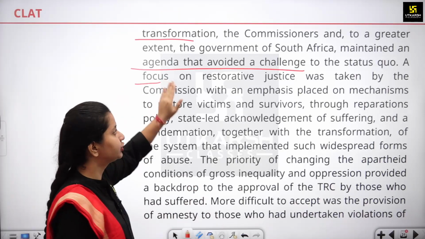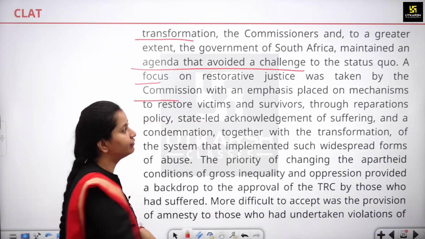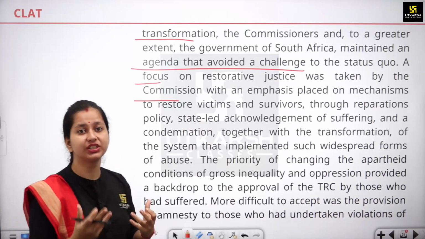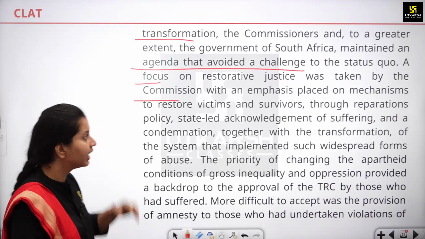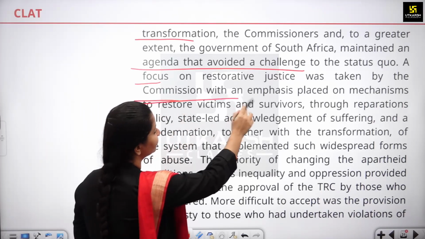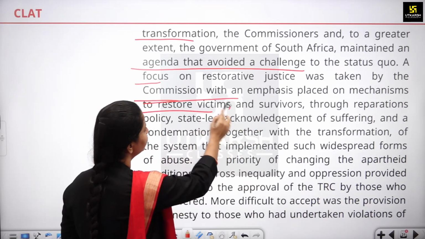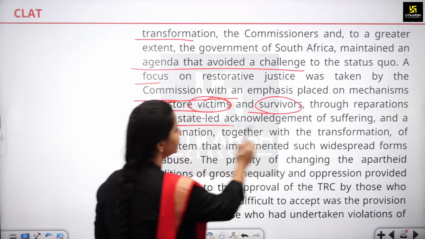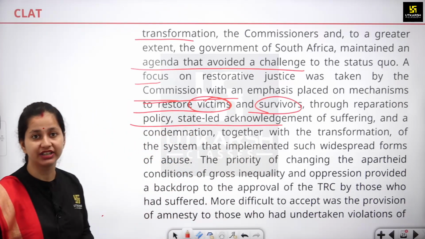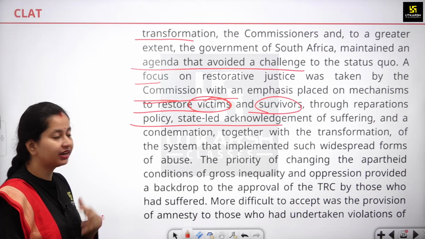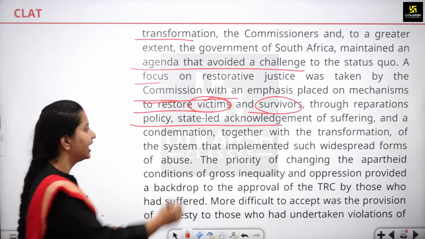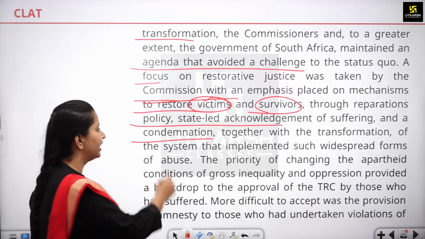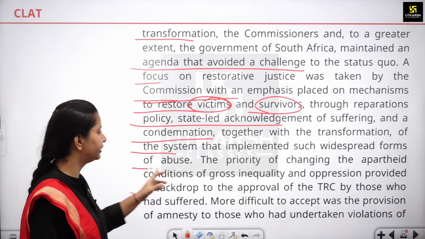Now, a focus on restorative justice was taken by the commission, with an emphasis placed on mechanisms to restore victims and survivors through reparation policy, state-led acknowledgement of suffering and a condemnation, together with a transformation of the system that implemented such widespread forms of abuse.